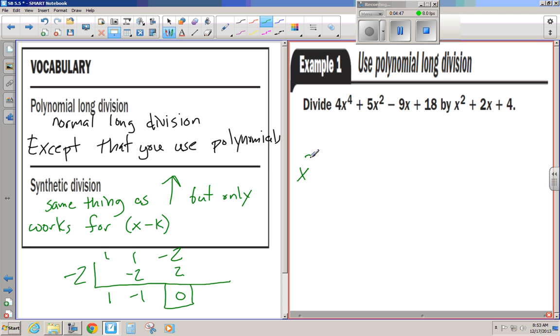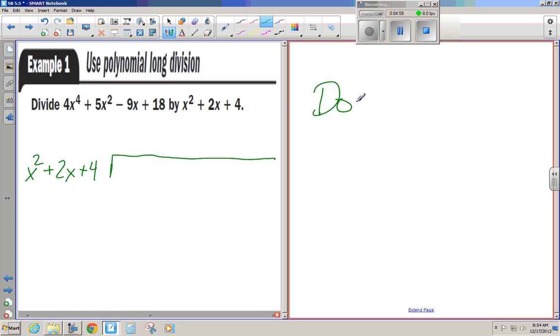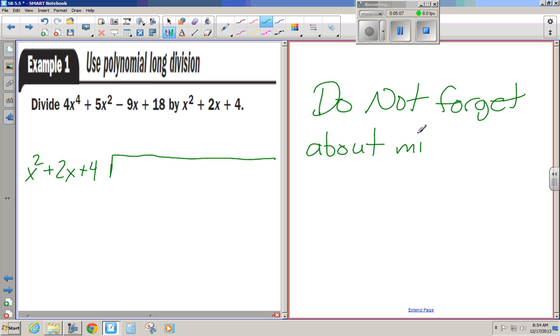So let's do x squared plus 2x plus 4 divided by, I made this extra long because you cannot forget about missing terms.